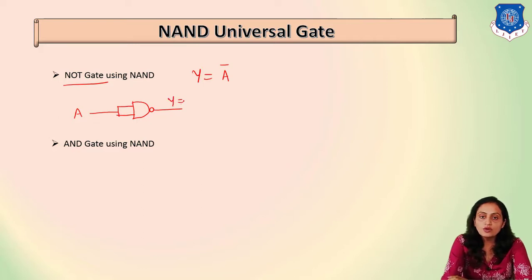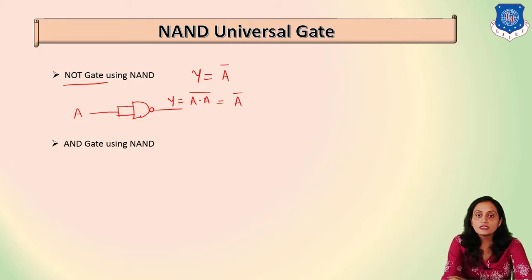The output of this NAND gate will be, as it has two inputs, one input is A and another input is also A. So A dot A whole bar, and in Boolean algebra we know that A dot A is A only. So ultimately we are getting A bar. So using the NAND gate only, we have seen the functionality of the NOT gate.